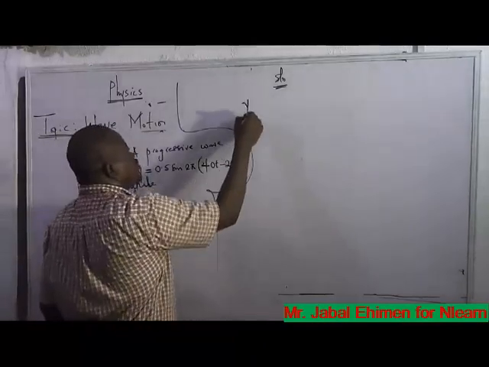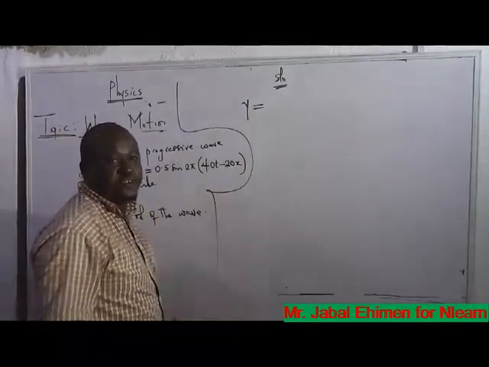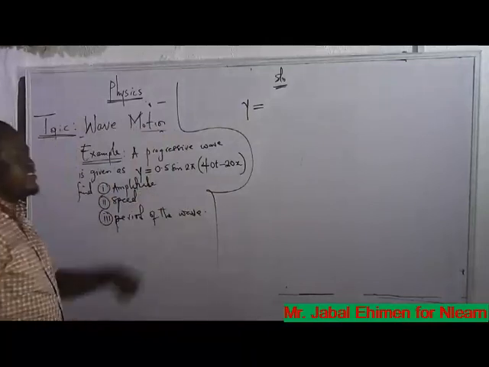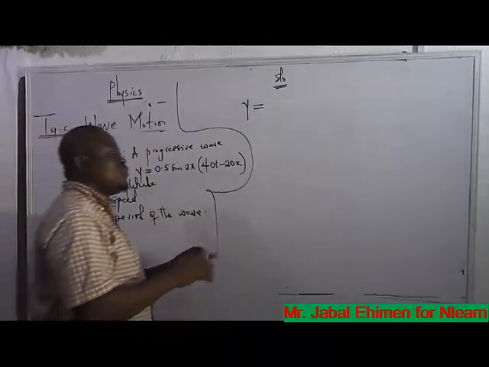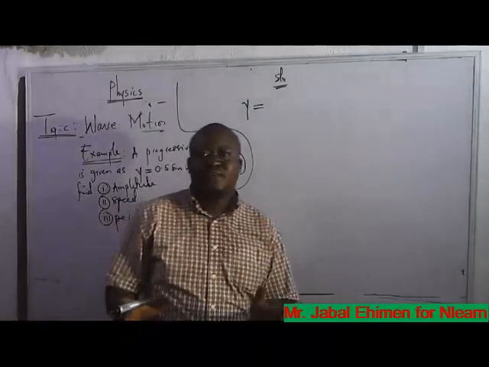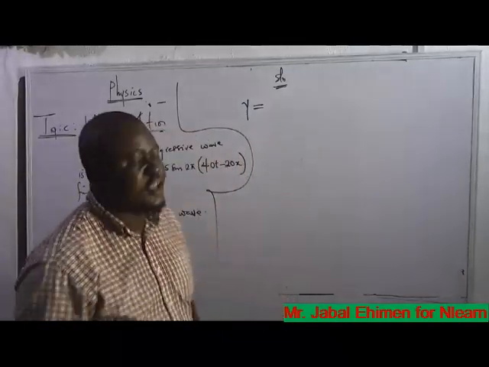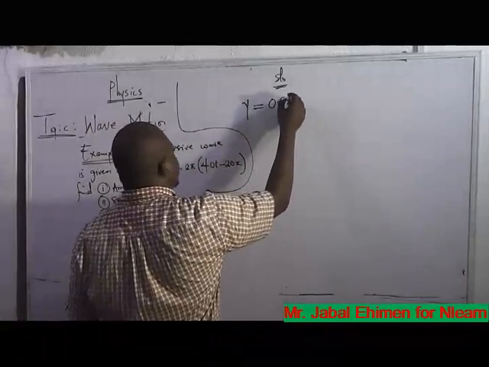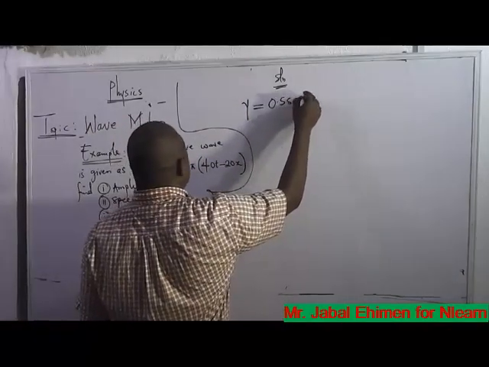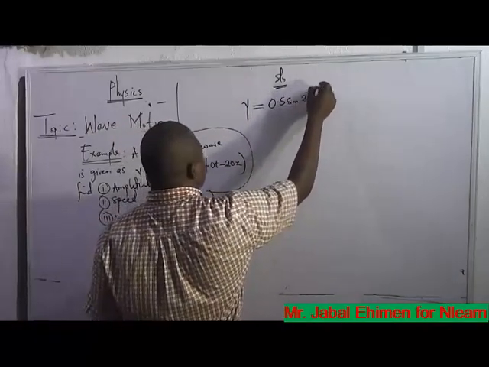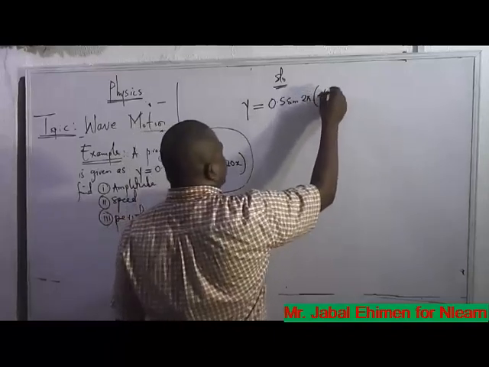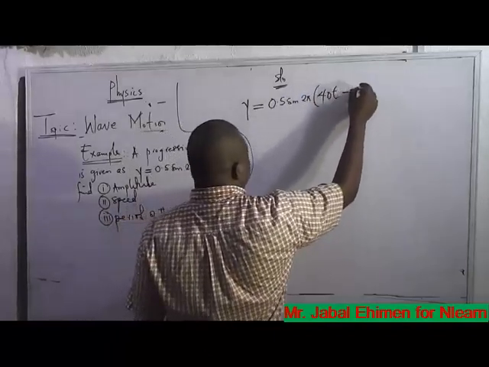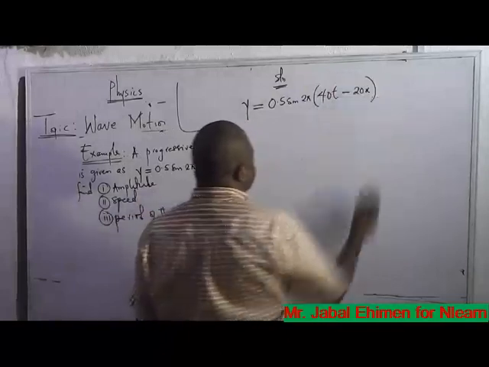The question will always look strange, but it is not. Very easy. It's one of the simplest calculations you can ever imagine as far as physics is concerned. So y is 0.5 sine 2 pi into bracket 40t minus 20x. You have something like this.